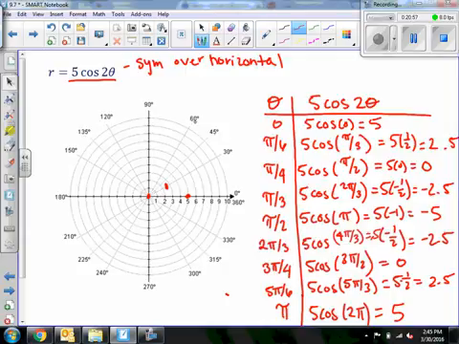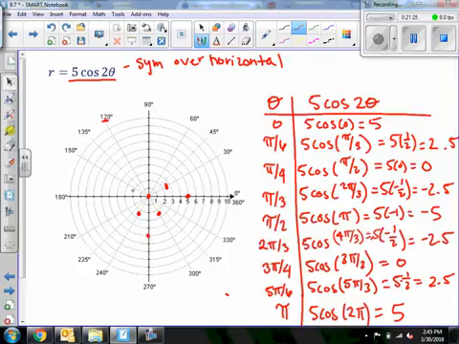So at pi thirds, or 60 degrees, we're at negative 2.5. So that's actually going to put us down here. At pi halves, or 90 degrees, we're at negative 5. So that puts us down here. At 2 pi thirds, right here, we're at negative 2.5. So that puts me here.